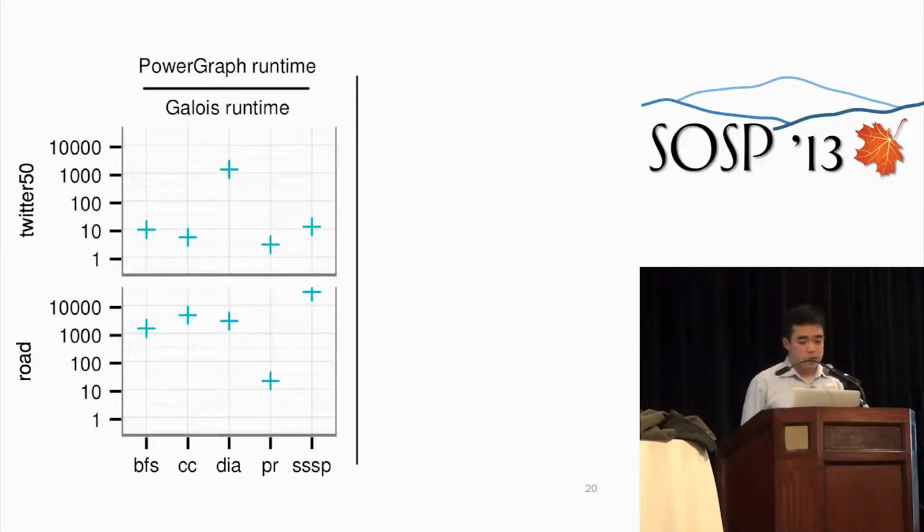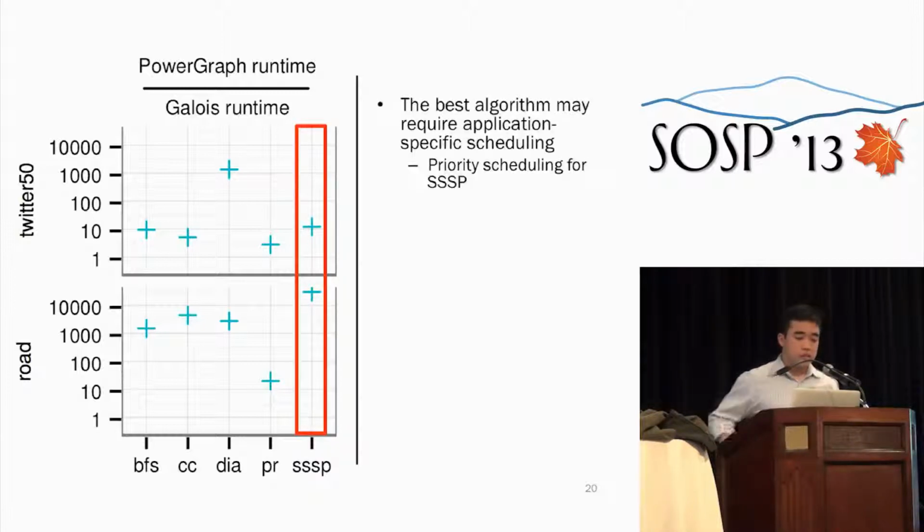So a little bit more detail into performance results. I told you that some part of the performance is due to the better implementations, but again, most of the impact is due to the better algorithms that are supported in the Galois system that aren't supported in particular graph analytics DSLs. As an example, as I told you before, the best algorithm for doing SSSP requires ideas of priorities. That's directly implementable in the Galois system, but that is not supported in PowerGraph.